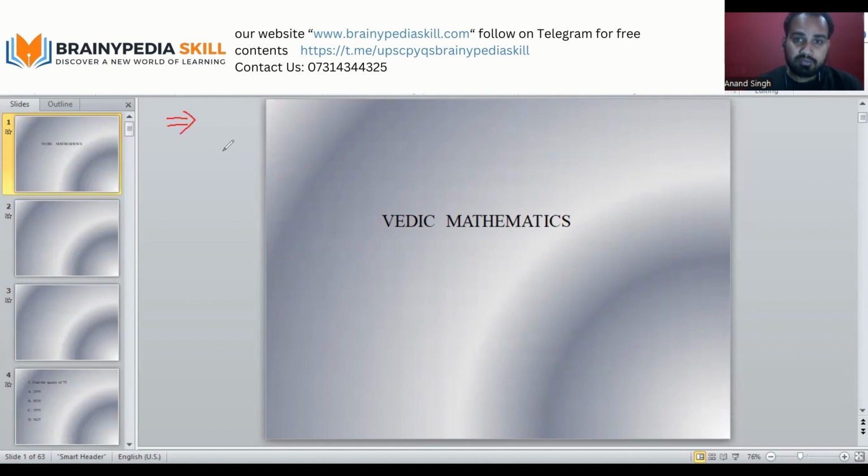In the first segment of Vedic mathematics, we decided to learn the square of numbers from 1 to 1000, and for this we have divided the squaring tricks into three different segments.